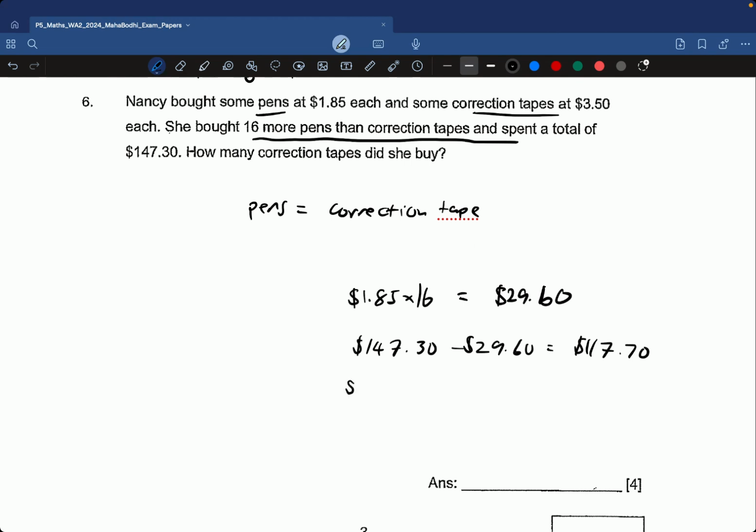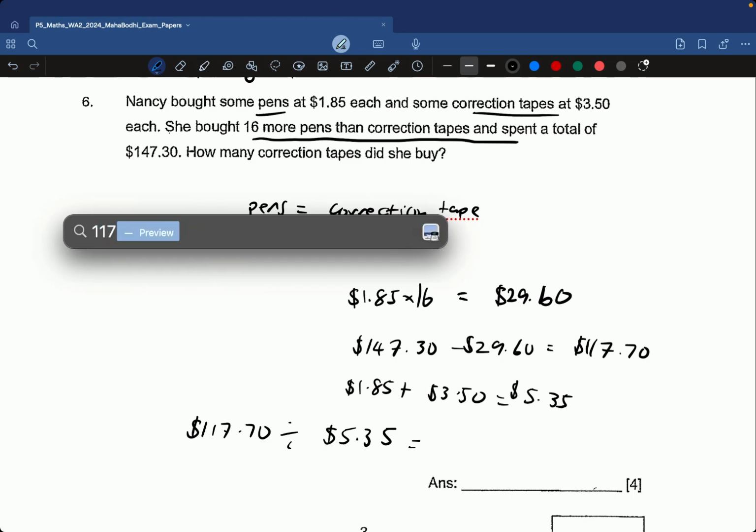Now with this we can divide. We add $1.85 plus $3.50, and this will give us $5.35. So now we divide $117.70 by $5.35.